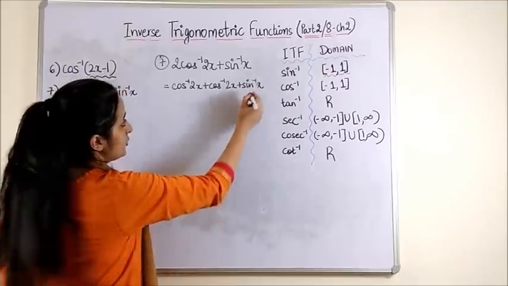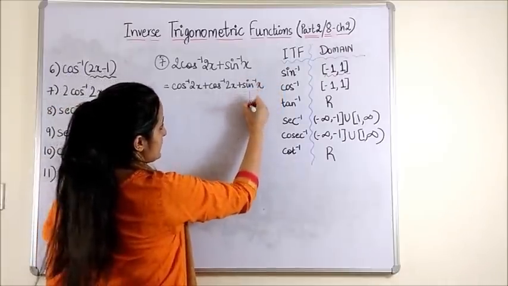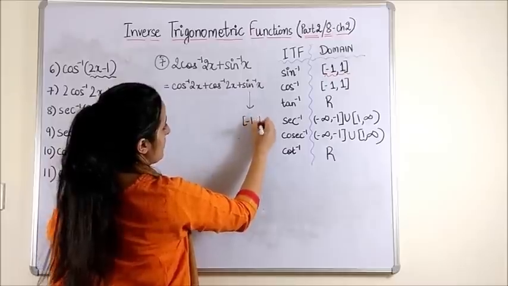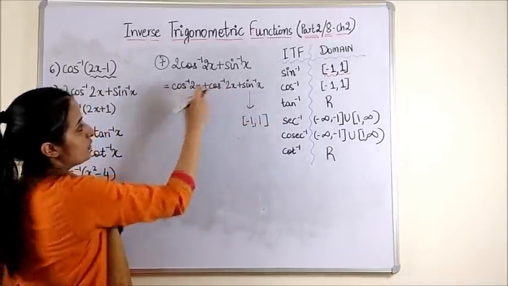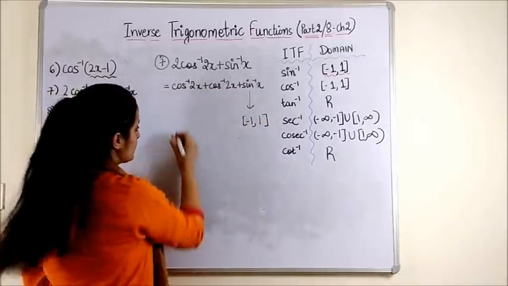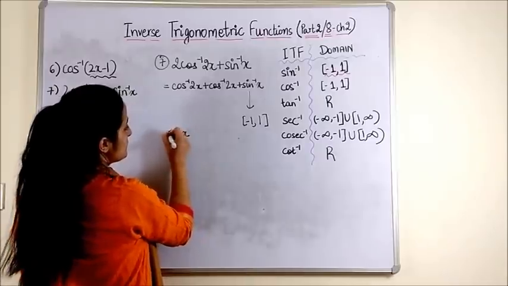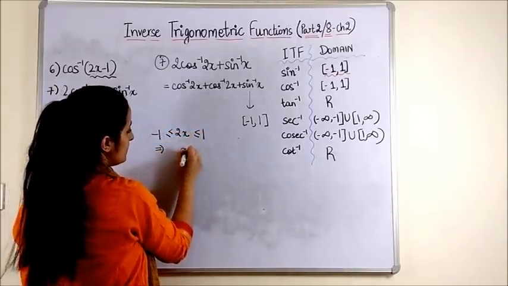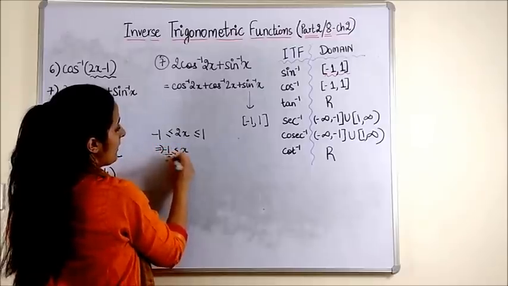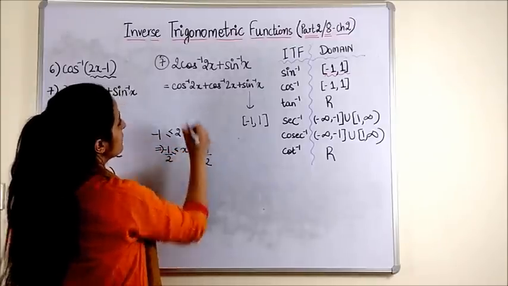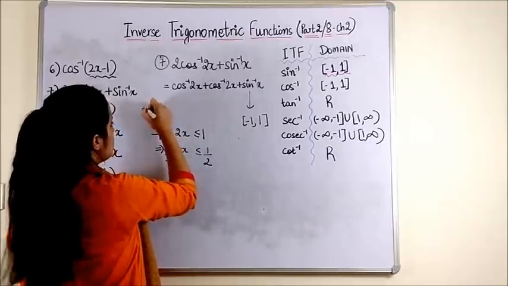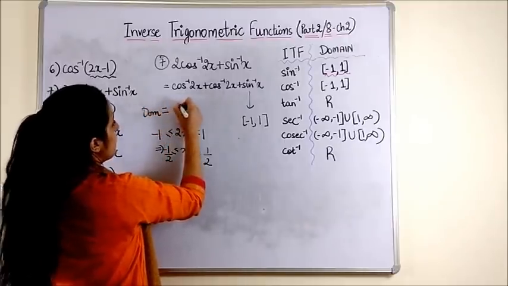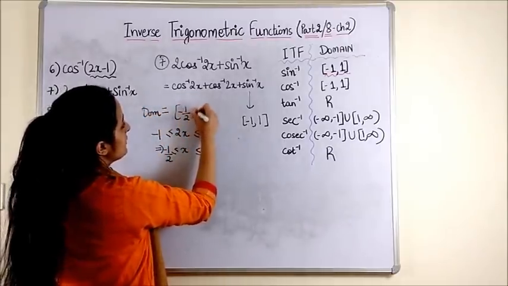Now you know the domain for sine inverse x has to be -1, 1. Talking of the domain for cos inverse of 2x, you know 2x has to lie between -1 and 1, giving us the domain as -half to half. So the domain for each of them is -half, half.